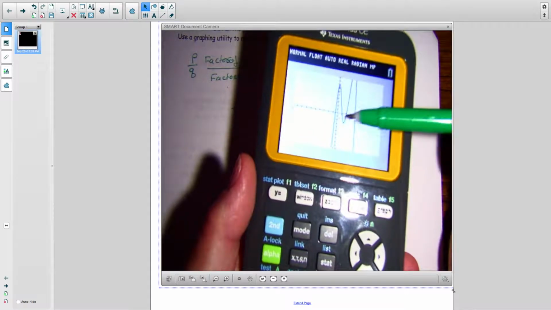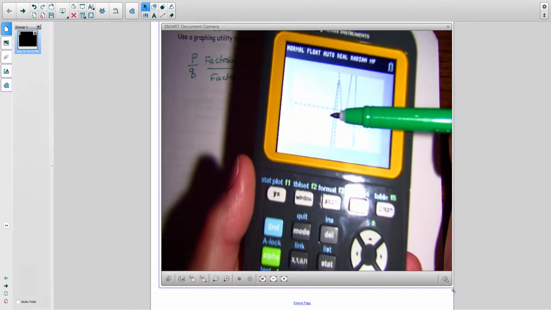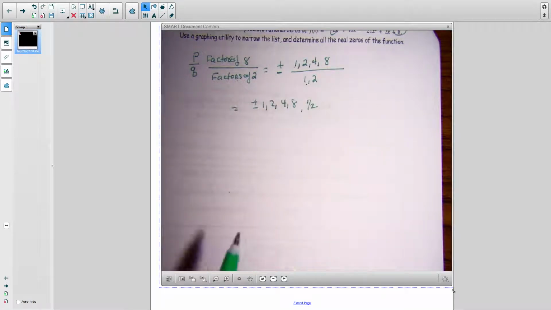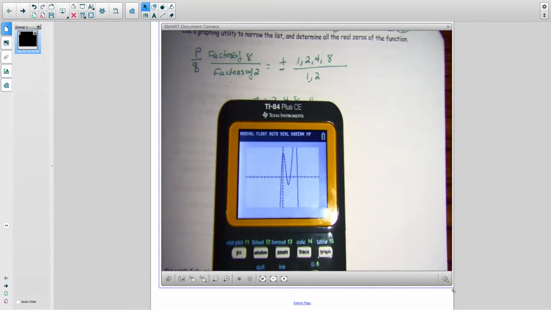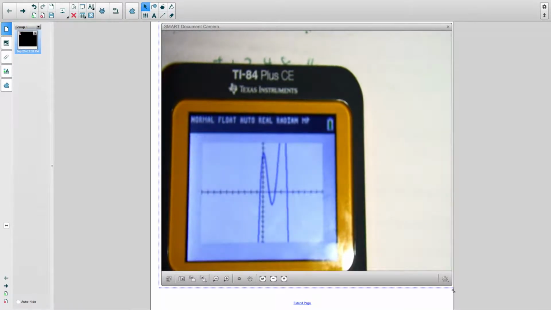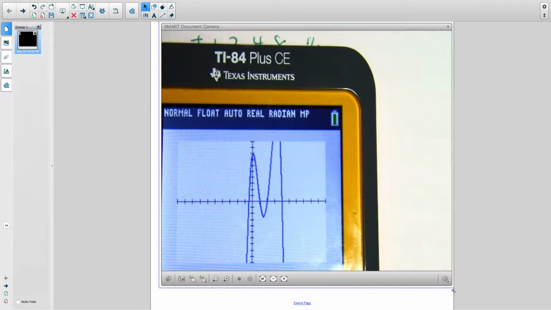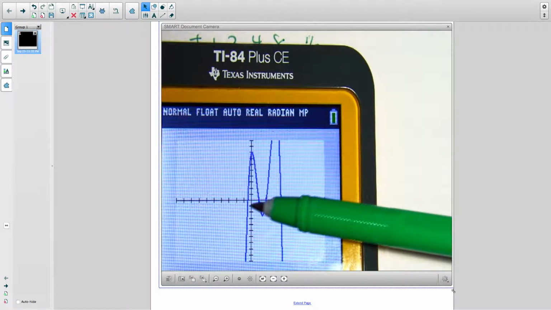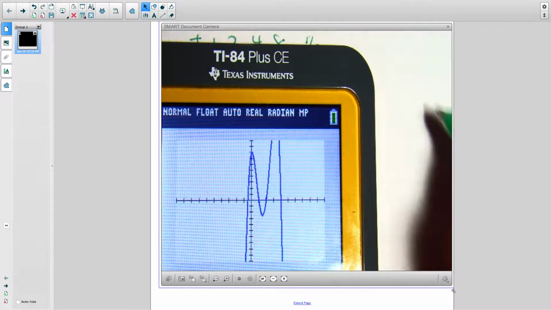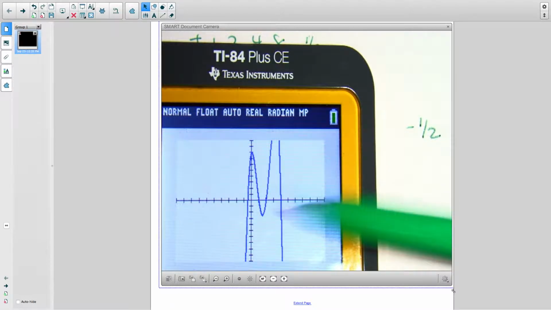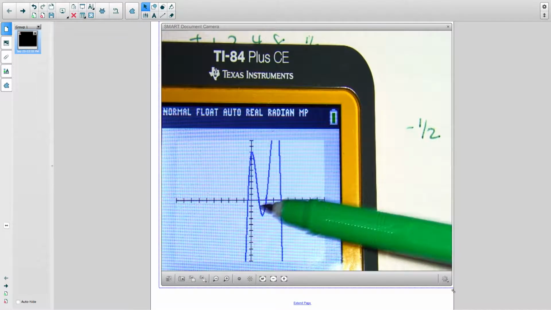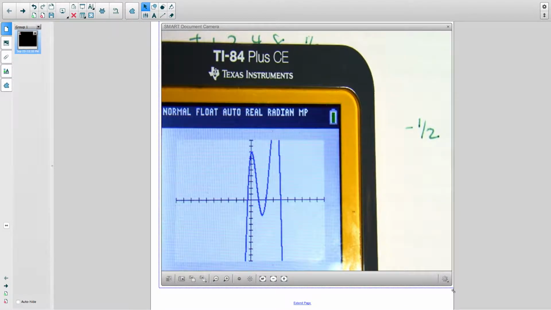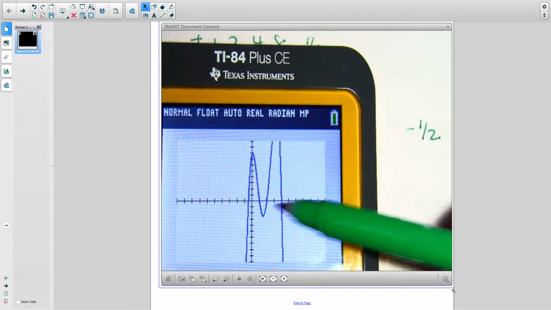Well, I know this one over here is what? Let's see. So this one right here is what? That's negative a half. What's this one right here? 1. What's this one? 2. 3 and 4.